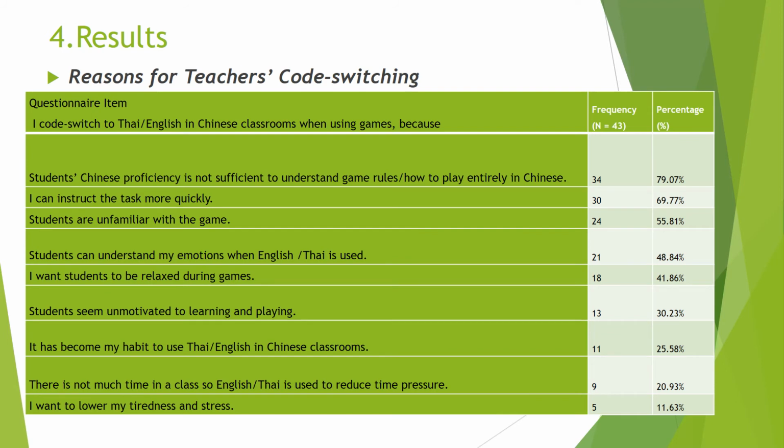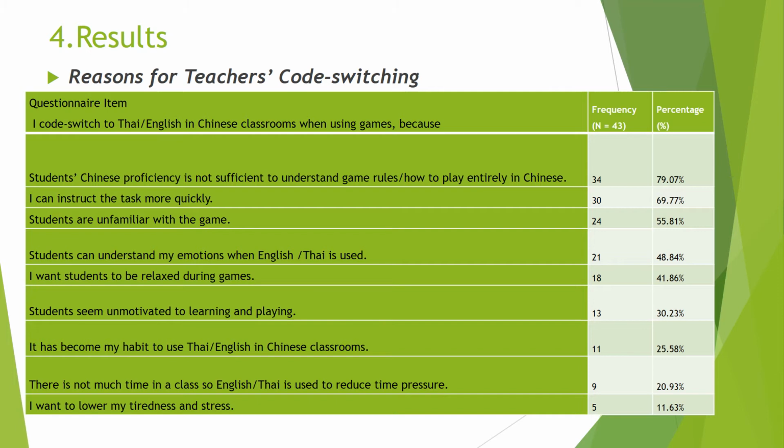There are 4 main reasons responded by the 44 Chinese teachers. The first main reason for teachers' code switching is that students' Chinese proficiency is not sufficient to understand game rules.